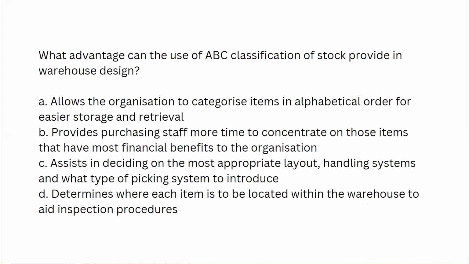John Peter, could you unmute yourself and tell me why you selected C? I selected C because the ABC analysis or method classifies stock on how fast moving they are, such that it's easy to retrieve them. For example, fast moving items are usually placed at the door side. Yes, that's right. I agree. Thank you.